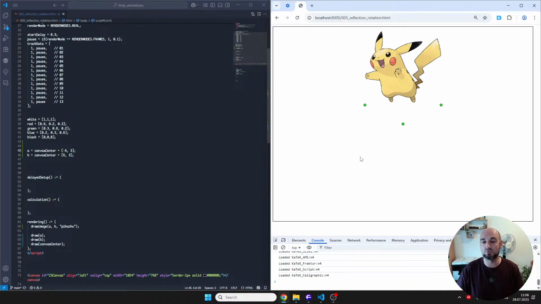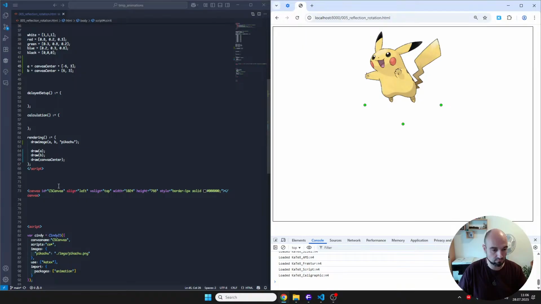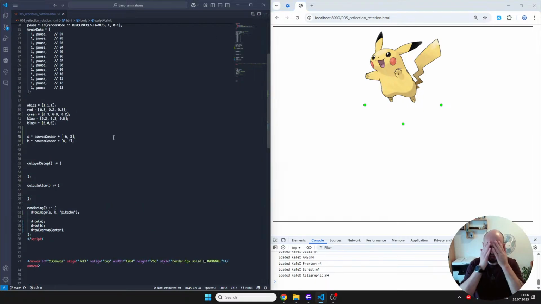And now we want to have two lines. So the first line, as I said, I want to make everything centered around the canvas center here. So let's make the first line go off to the top left somewhere. So let me think about what we want to do. We want to have a line itself, and then I want to have the reflection.